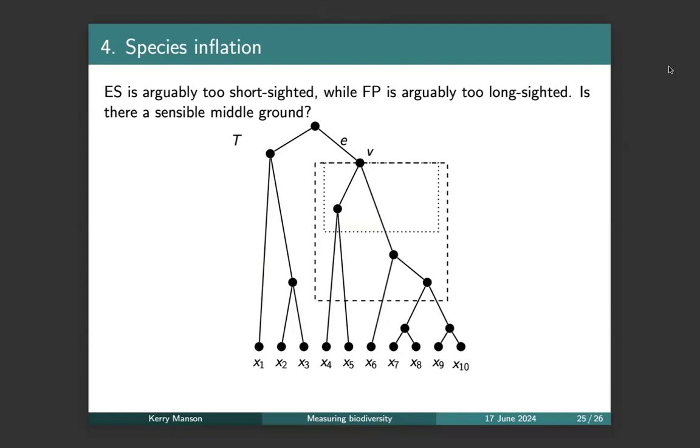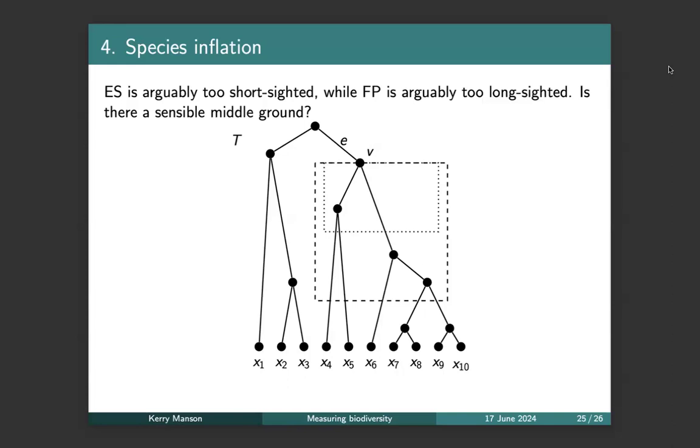And so my way of thinking about adapting this diversity index approach to take this into account is to have another look at how fair proportion and equal splits work.